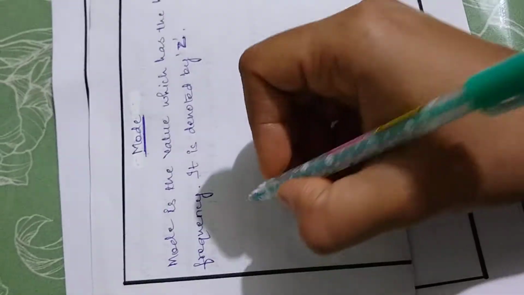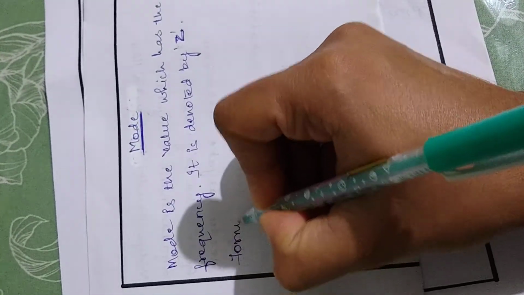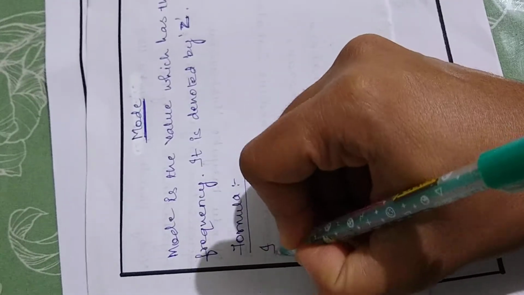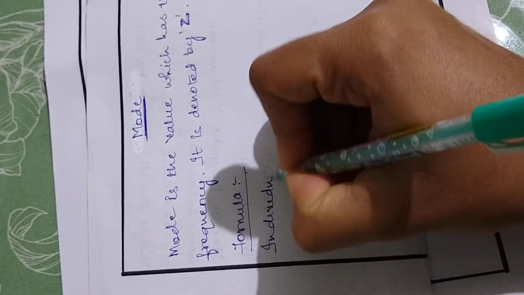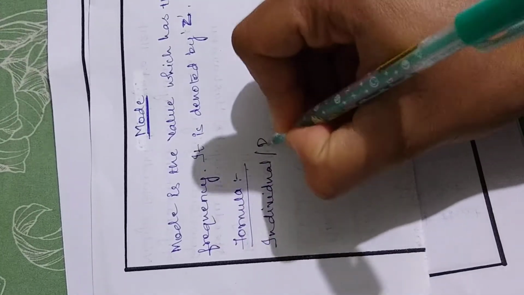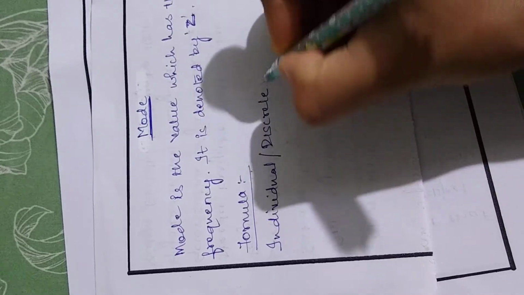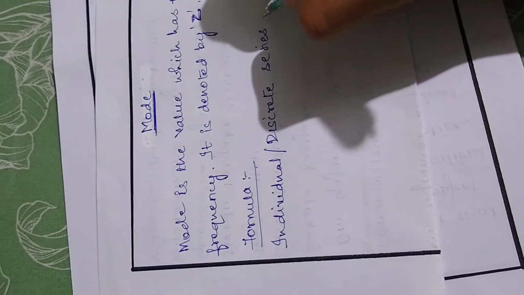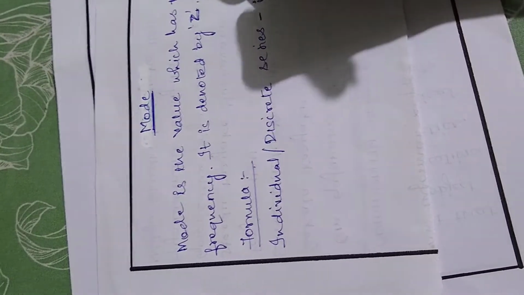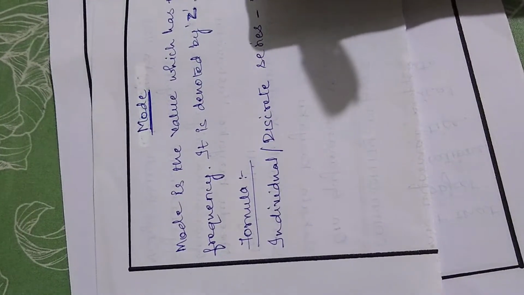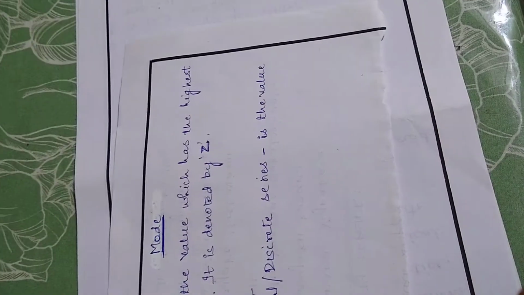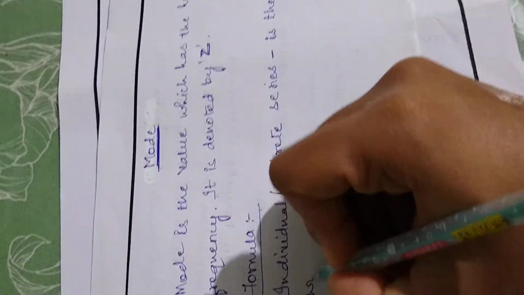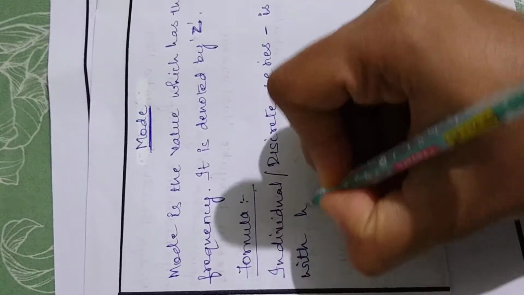Okay, so the formula for the individual and discrete series is the value with highest frequency.